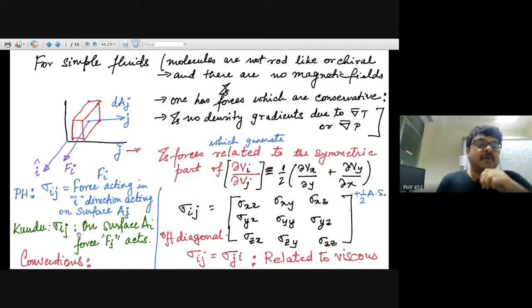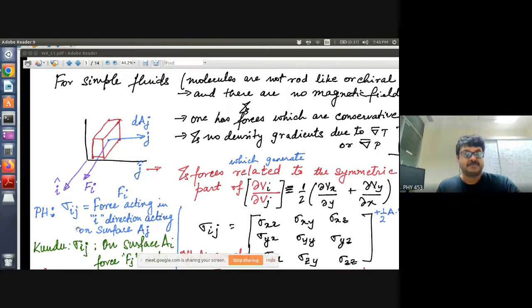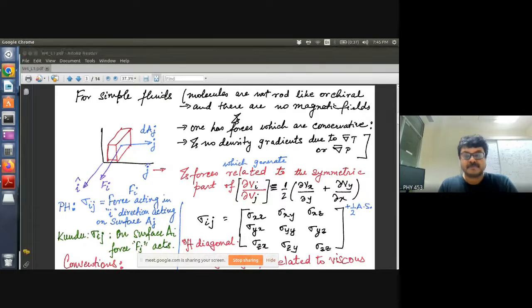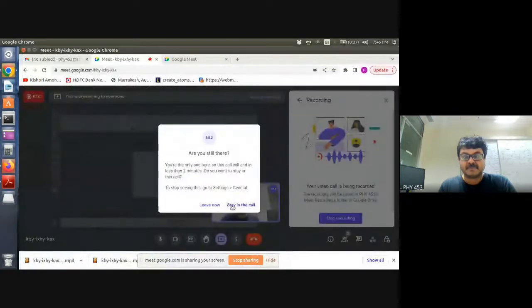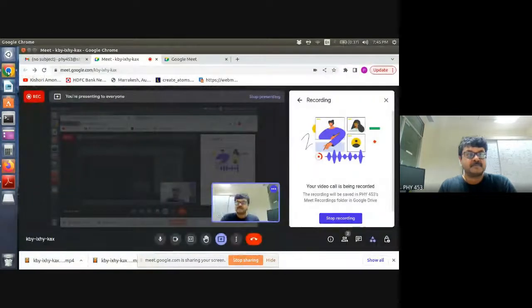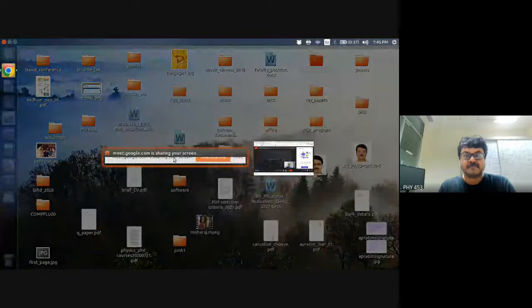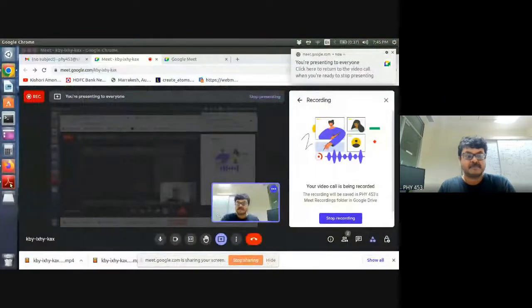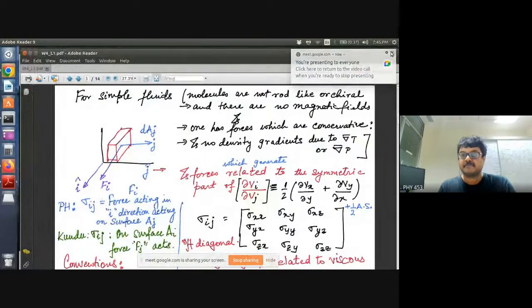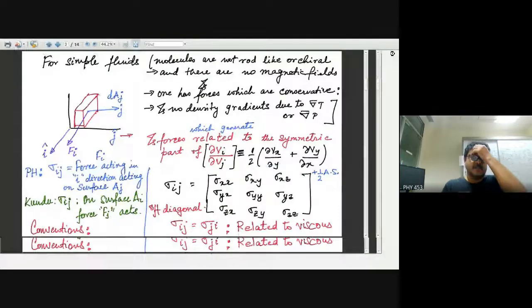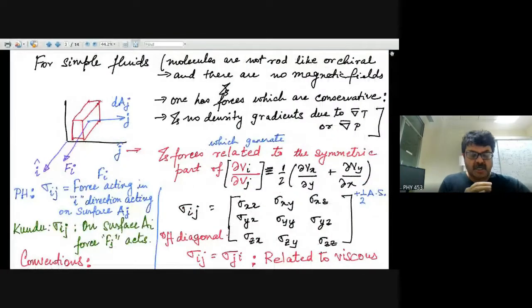However, the problem is these two books have a different convention.